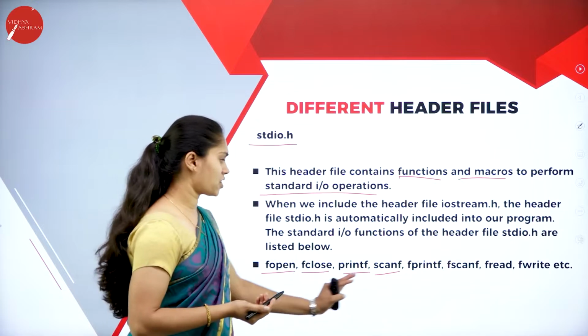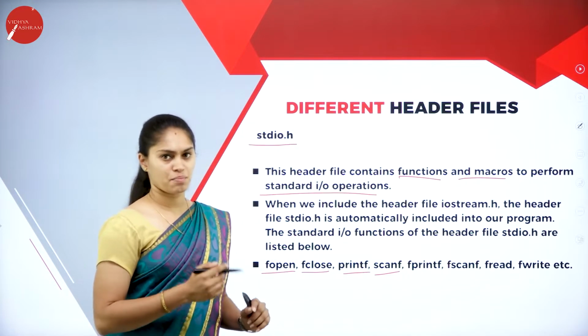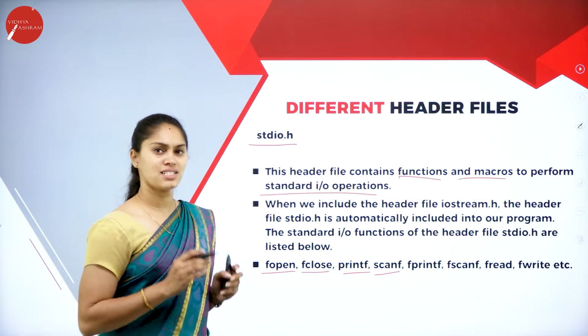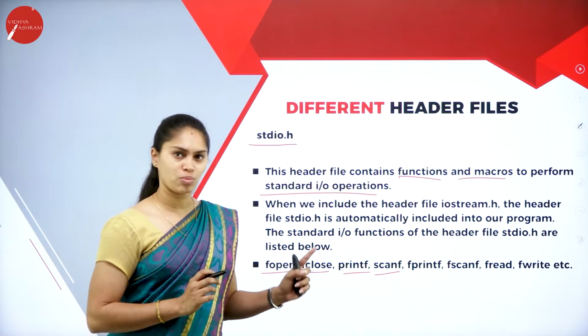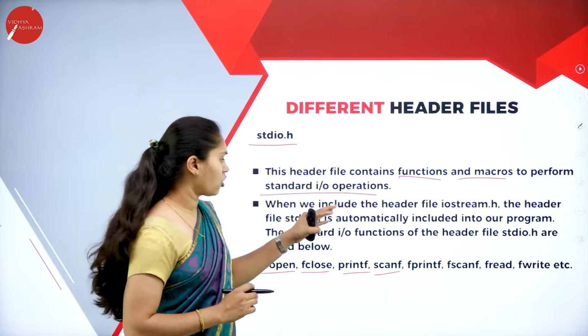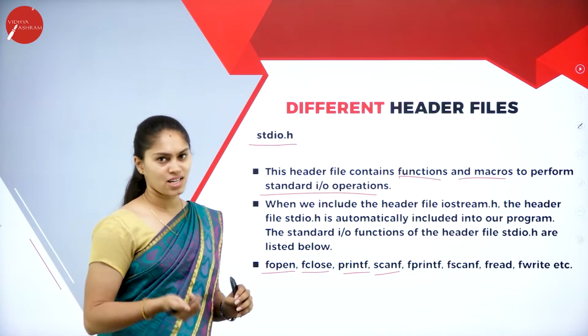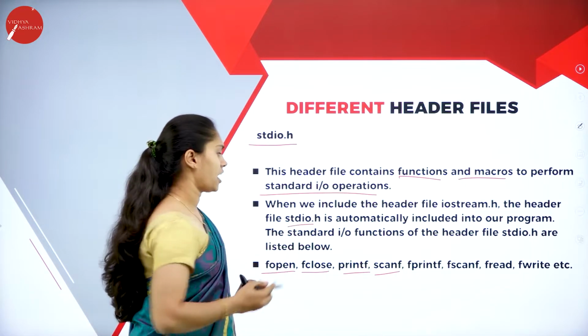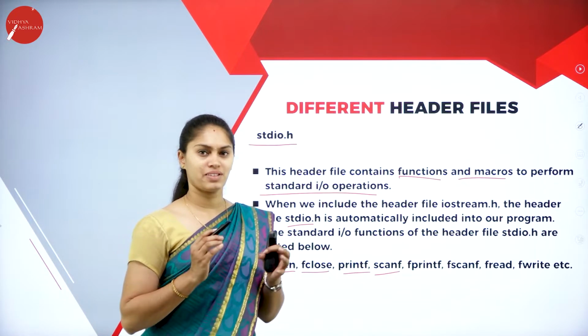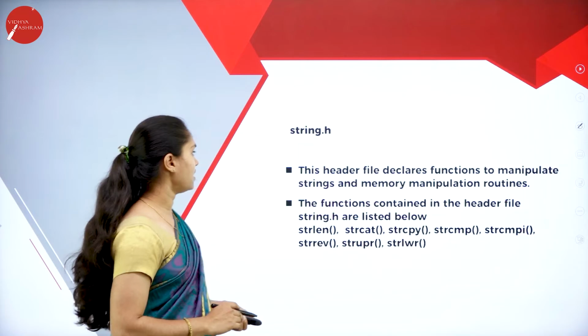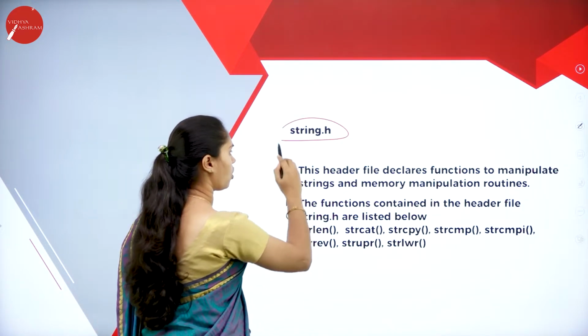If these functions need to be used in our program, then we have to include this standard input output header file. So if I am incorporating iostream.h, by default stdio.h will be included in the program. We'll see the next one, that is string.h.